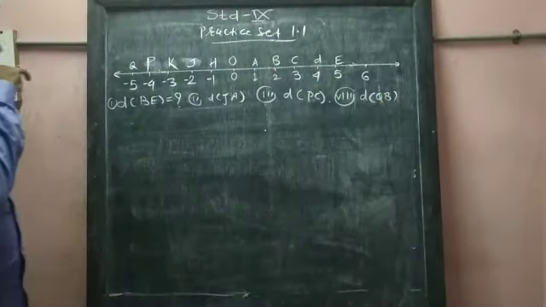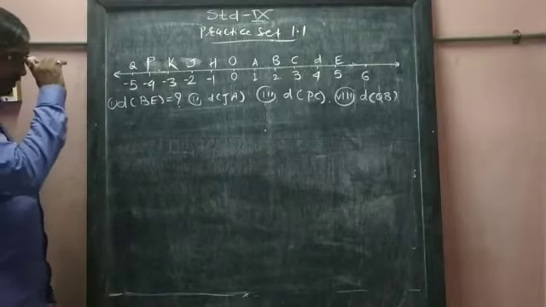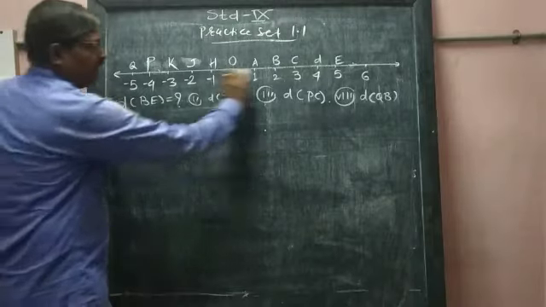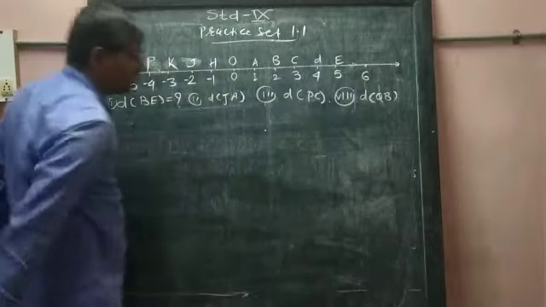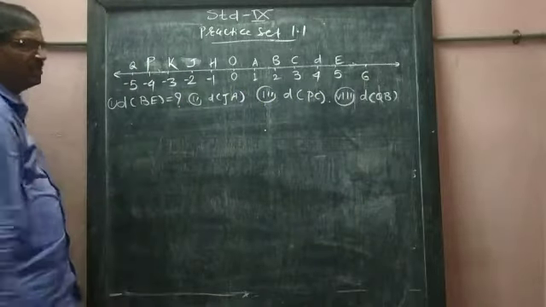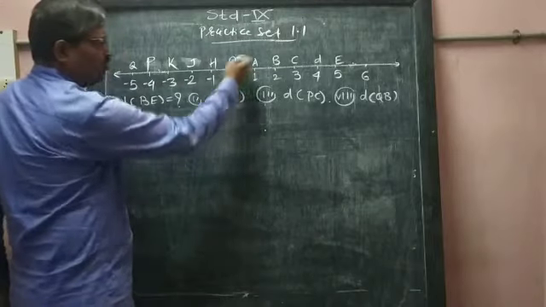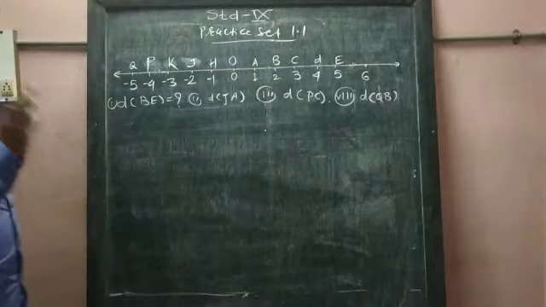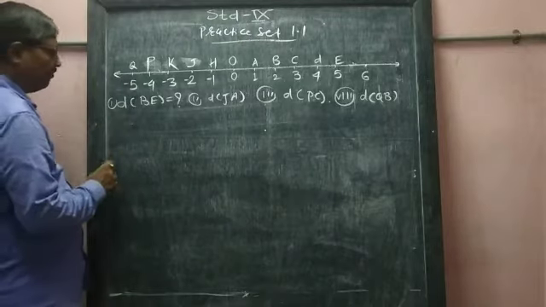If you understand the concept, you can solve each and everything. Once again, there is one line, with positive numbers to the right-hand side and negative numbers to the left-hand side, and these numbers including 0 are denoted by different letters, that is, points. Now you have to find the distance of BE.